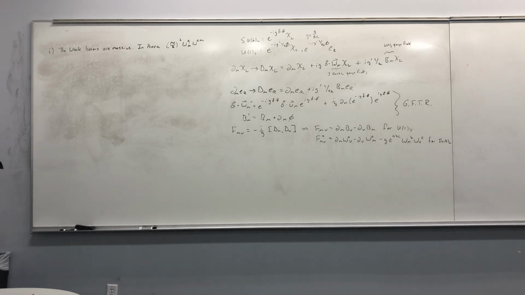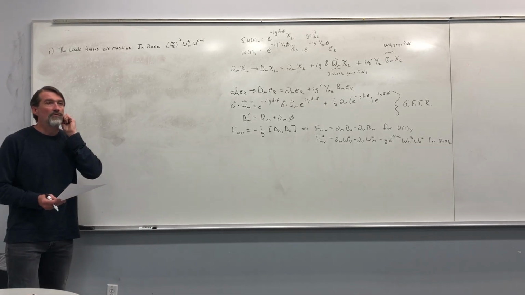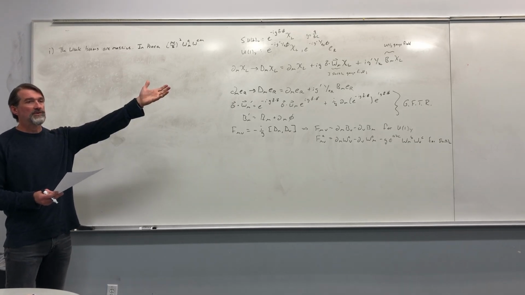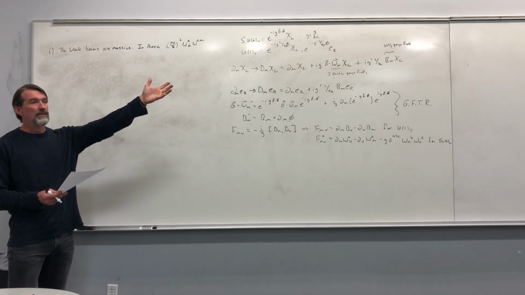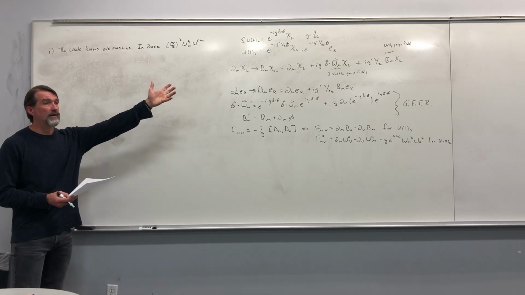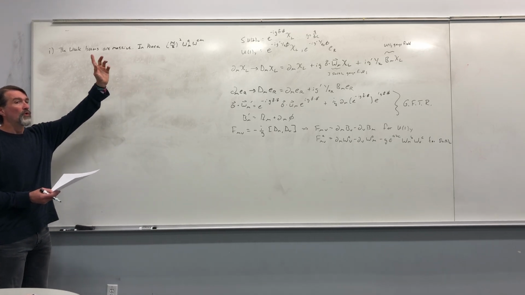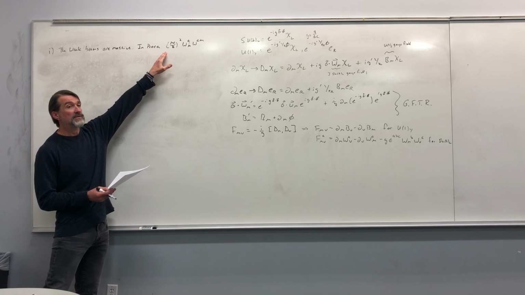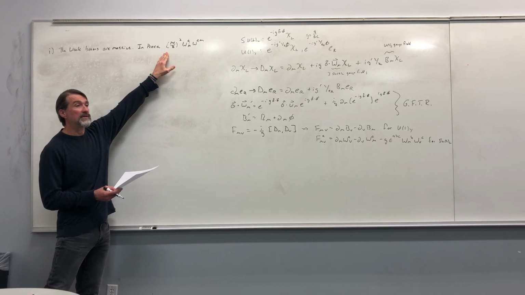So we have a contradiction. We're trying to have this gauge symmetry based on a local gauge invariance, the construction of which requires the masses of the gauge bosons to be 0.